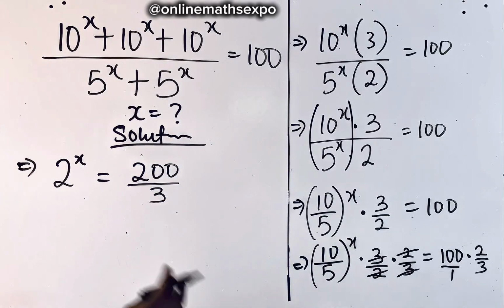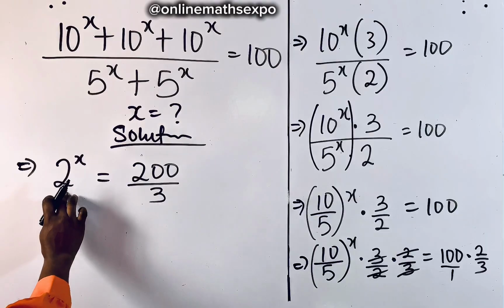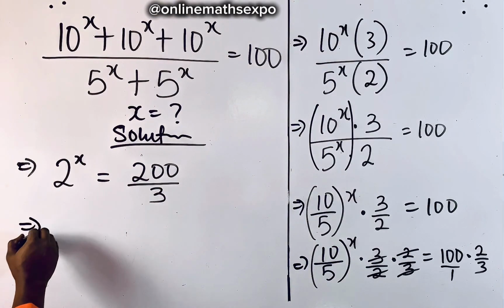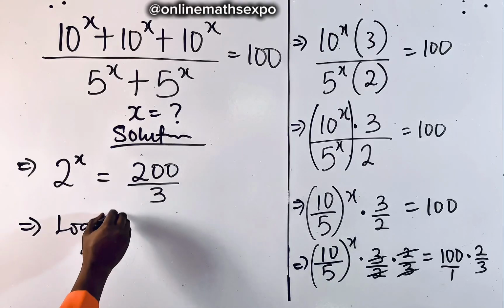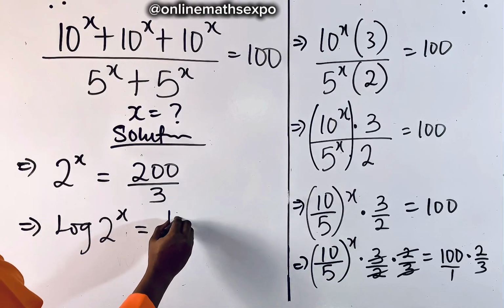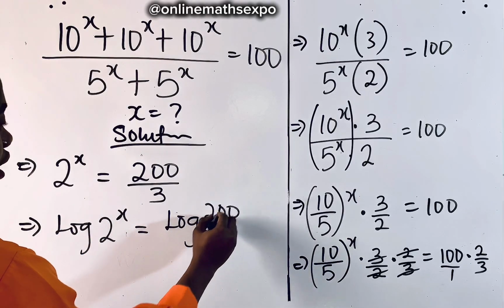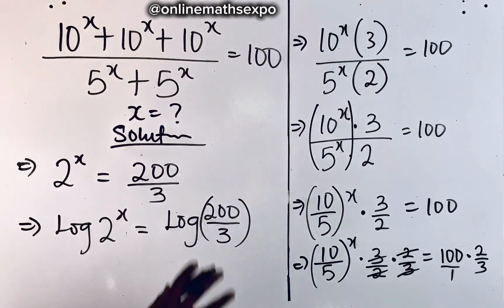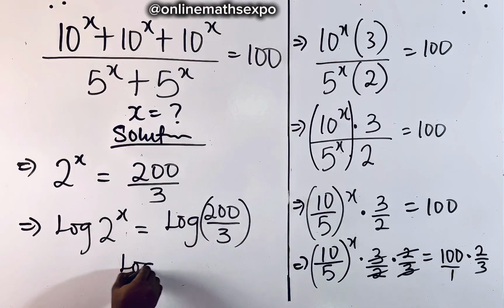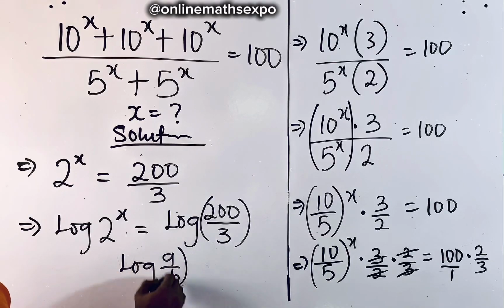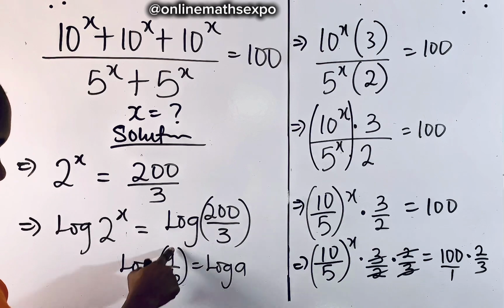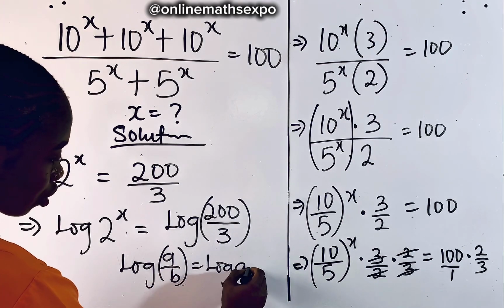Now at this point, we cannot express this in powers of 2. So quickly take the logarithm of both sides. We have log of 2 to the power of x is equal to log of 200 divided by 3. Just remember, for every log of a divided by b, the division sign turns to subtraction.